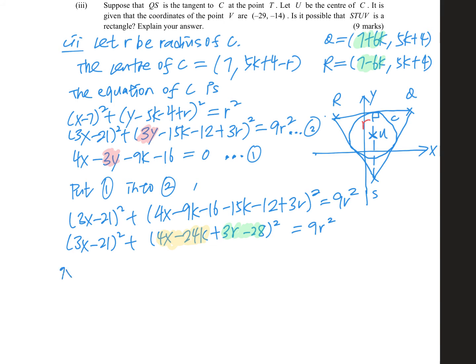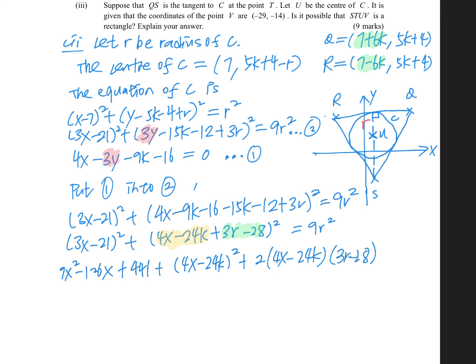That would be 9x squared, and then 21 times 3 times 2, so that will be 126x. 21 squared, so 441. And then (a plus b) all squared, so first of all, a squared plus 2ab, and then plus b squared.